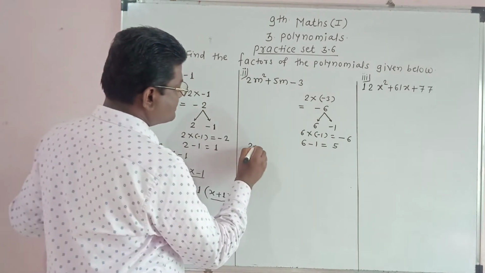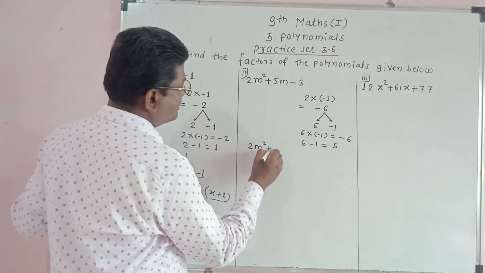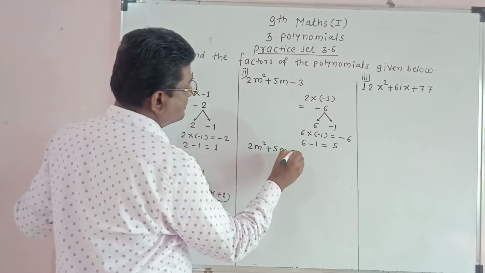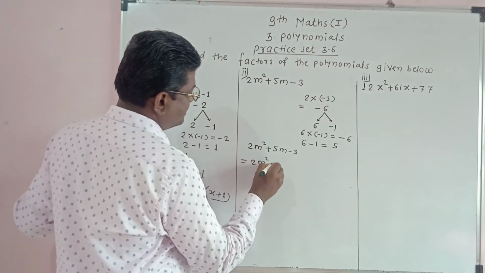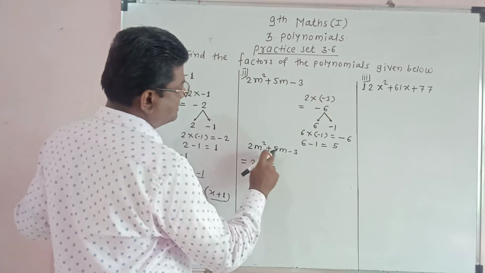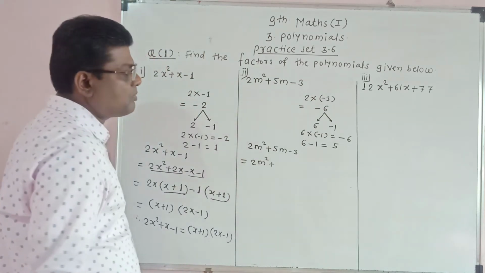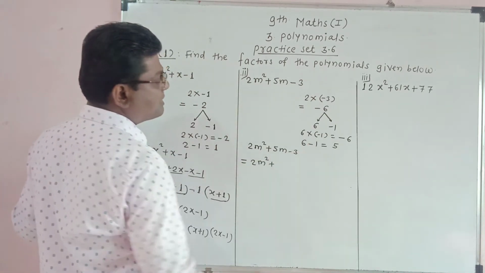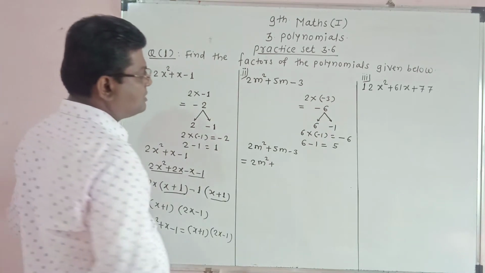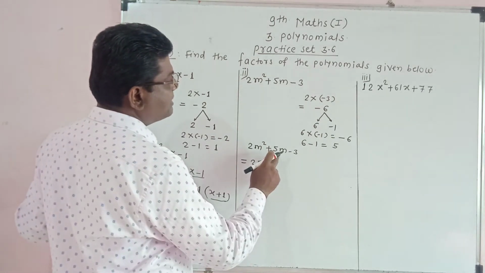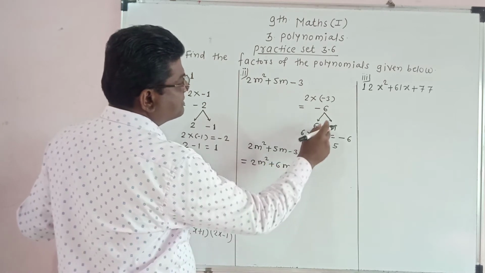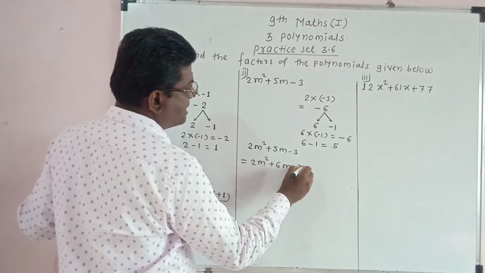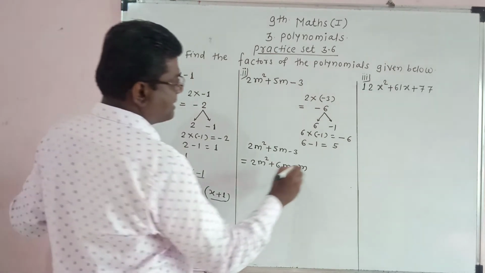Now 2m square plus 5m minus 3 is equal to 2m square plus, now split up this 5m in the form of 6 and minus 1, as 5m can be written as 6m and minus 1m, means minus m, minus 3.